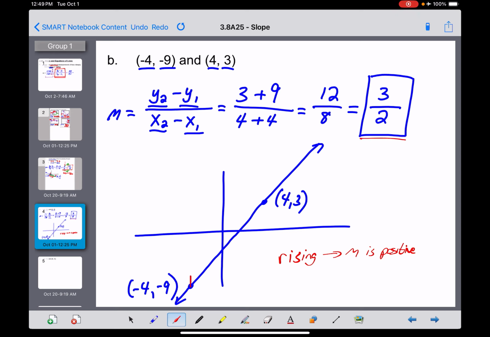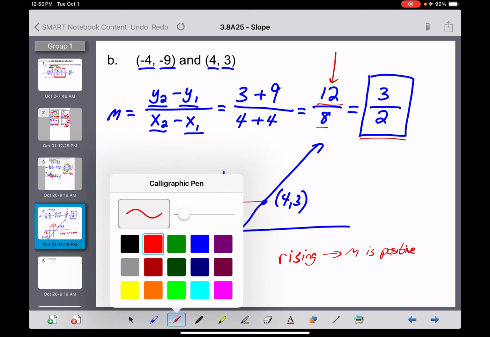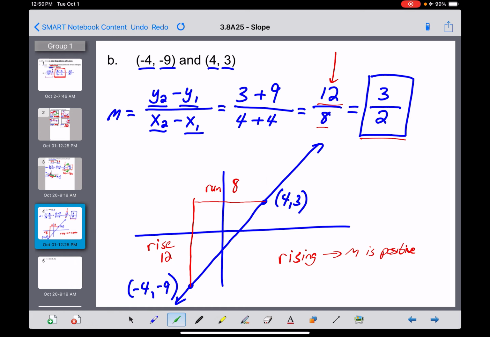So to get from point A to point B, I've got a big rise followed by a big run right here. And these two numbers actually tell you, our rise was 12 and our run was equal to 8. So the rise of 12 over the run of 8 gets us from point A to point B. But if we wanted baby steps, I'd be following this slope right here.